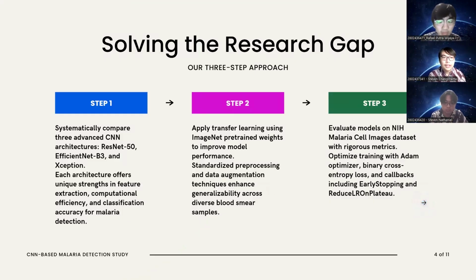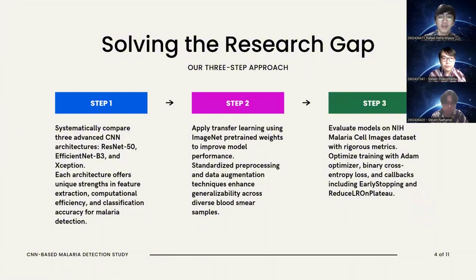Our approach has three steps. In the first step, we systematically compare three advanced CNN architectures, ResNet 50, EfficientNet B3, and Xception, each with its own strength in feature extraction, efficiency, and accuracy.